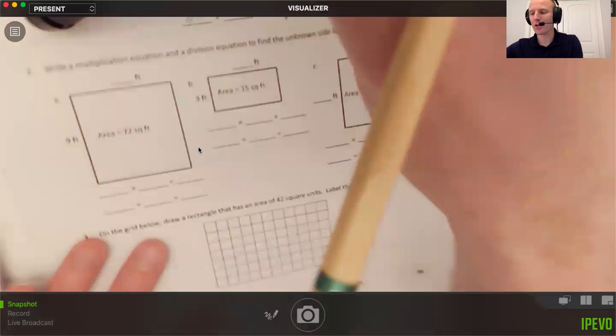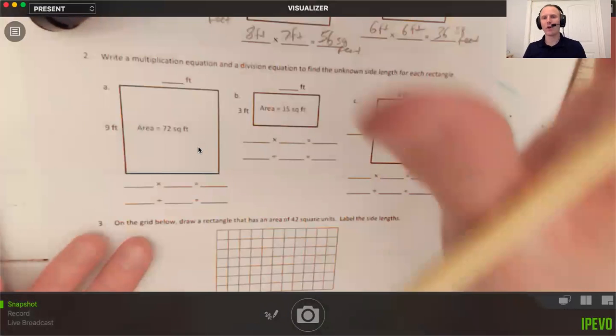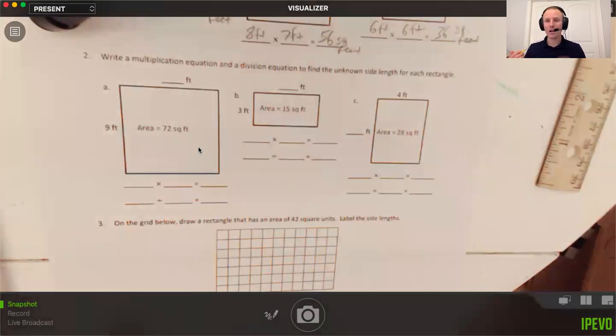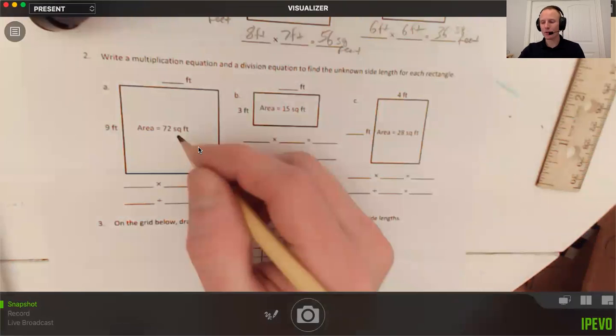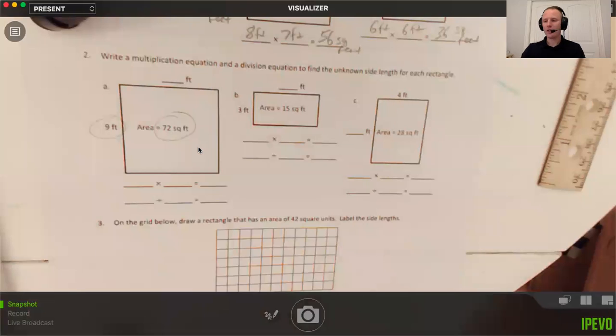We haven't done as much writing division sentences with area. However, we have a ton of experience in class of writing division sentences, so I'm fairly confident we're going to go through this quickly too. Just like every other unit we've done with multiplication and division, you need 2 of the 3 pieces of information. So if I have the total and one of the side lengths, I can solve for the missing piece, which in this case is another side length.